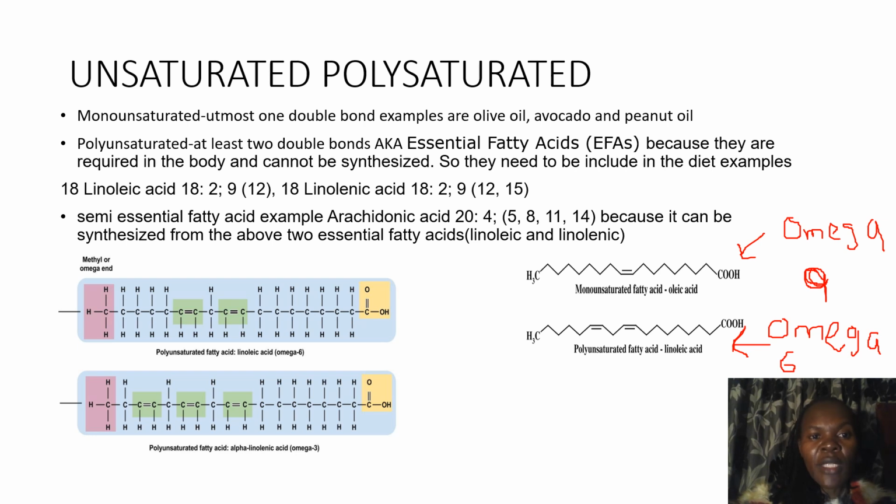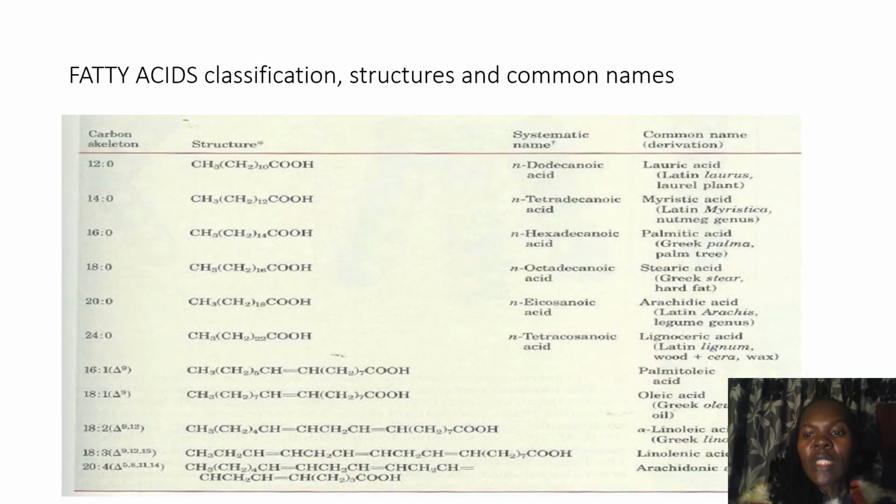So we've seen the polyunsaturated, we've seen the monounsaturated, we've seen the saturated fatty acids, and how you can draw the fatty acids. So if you see a 0, you will know this is a saturated fatty acid. C14 colon 0, that is saturated fatty acid.